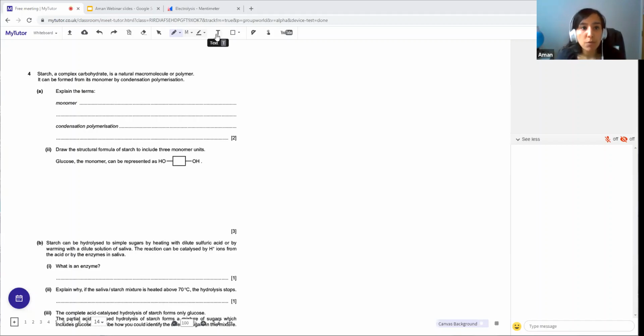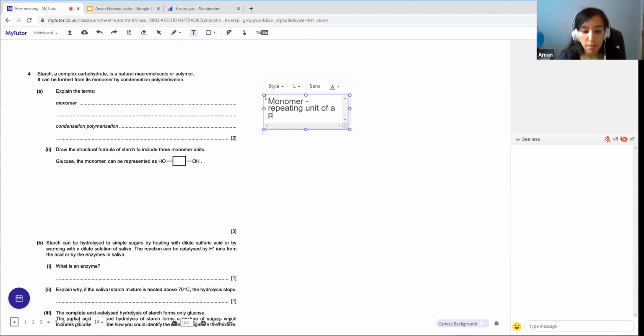So I'll type these out for you. A monomer is the repeating unit of a polymer, or the repeating unit used in making a polymer. The definition for condensation polymerization is, as most of you have said, breaking the double covalent bond. So remember, with polymerization, we break the double covalent bond between the carbon atoms to allow for the monomers to join up.